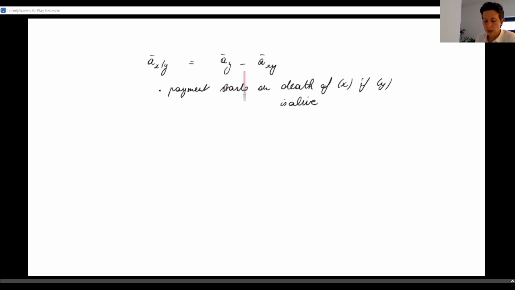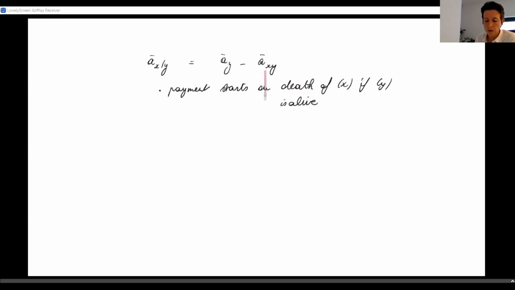The fact that I take this difference also implies that from the beginning until the death of X, nothing will be paid, because you've got 1 from this product and 1 from this product, so that cancels out.